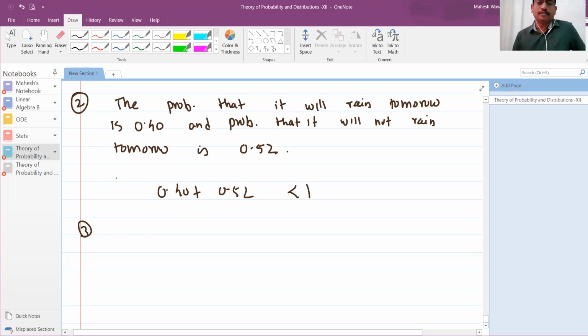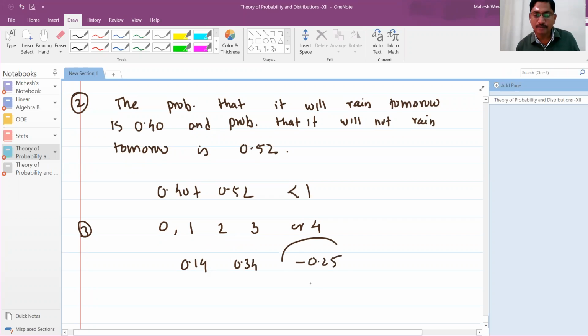And in the next one I will read a statement. The probability is that the printer will make 0 errors, 1 error, 2 errors, 3 errors, or 4 errors, or more mistakes. This probability is given as 0.19, 0.34, minus 0.25. This is the mistake in the statement.